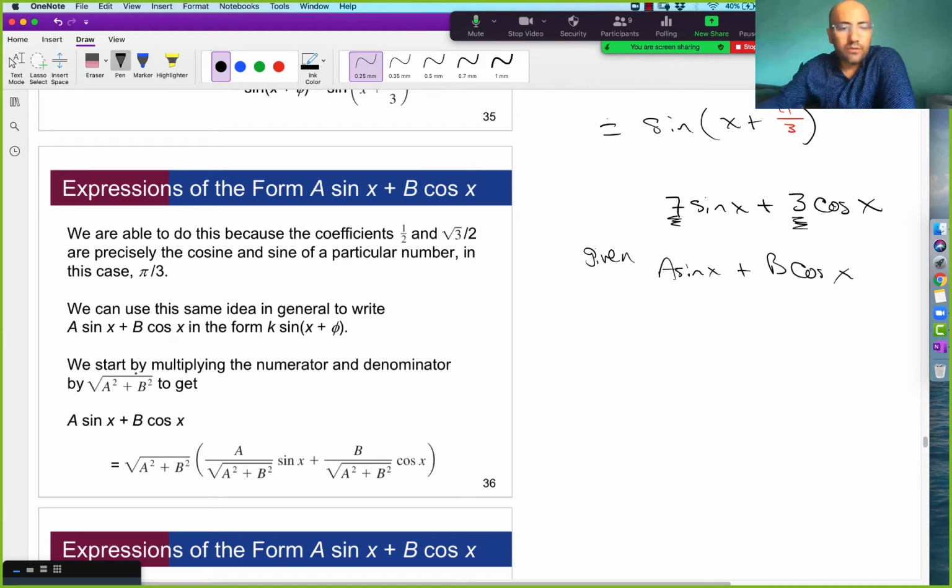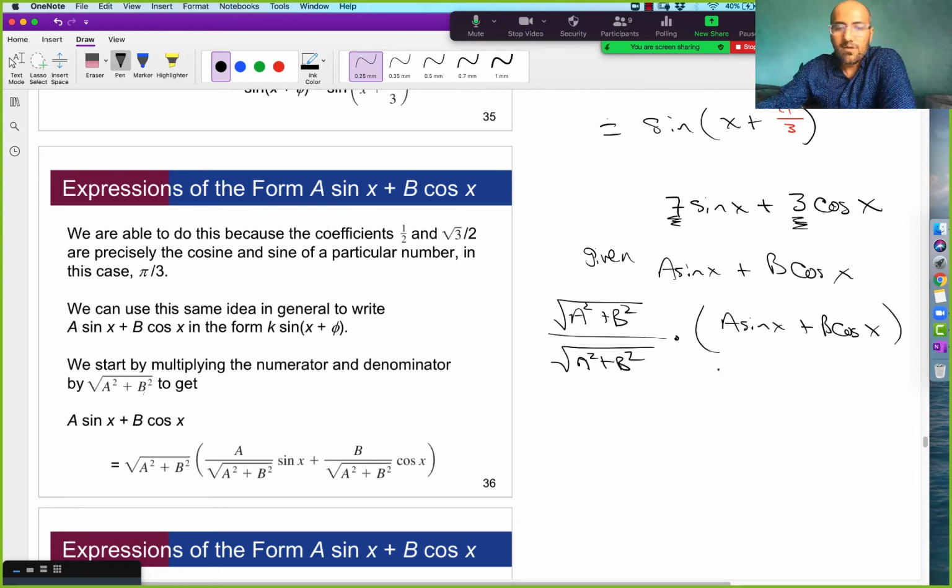What we want to do, and this is the formula that we are given, this is going to be the perfect thing to make it work out. So we're going to multiply by root a squared plus b squared, divided by root a squared plus b squared, times all of this, a sine x plus b cosine x.